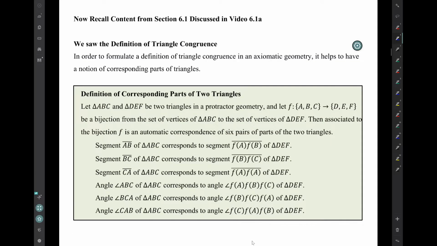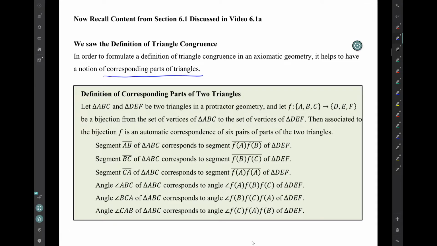Now recall content from section 6.1 discussed in the previous video 6.1a. We saw the definition of triangle congruence. In order to formulate that definition, we had to have a notion of corresponding parts of triangles.